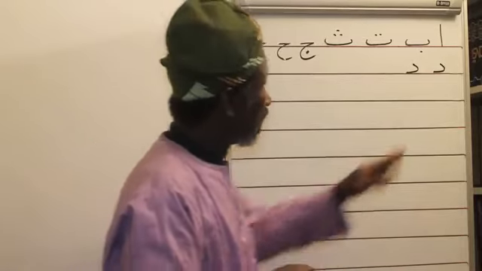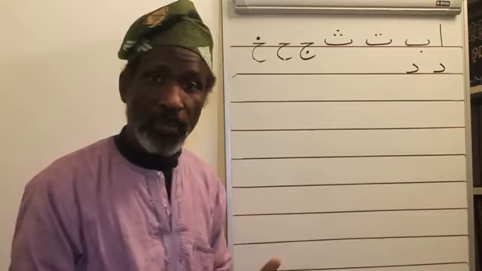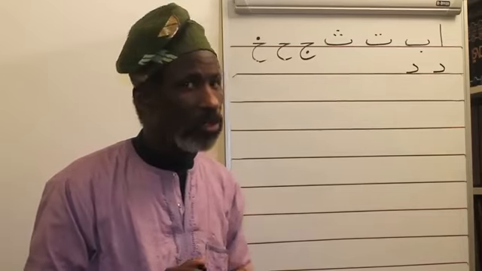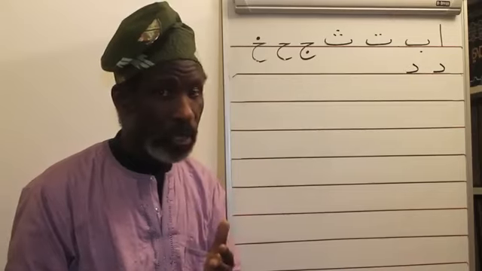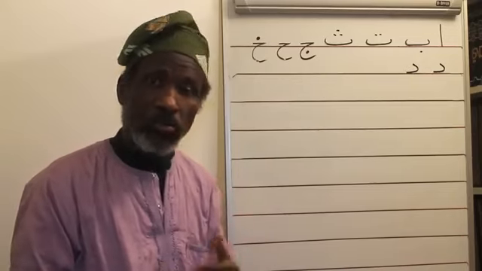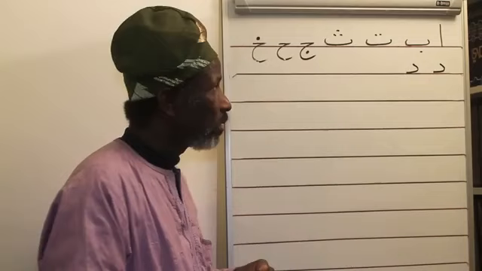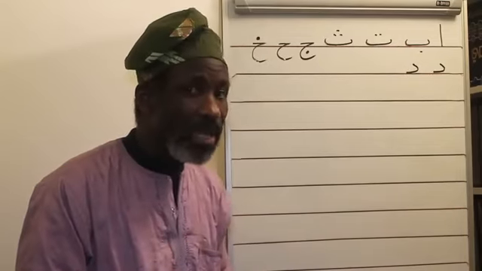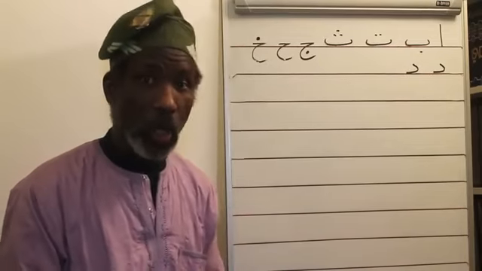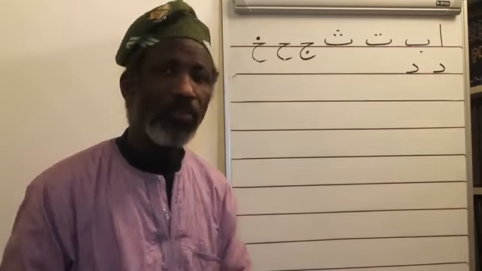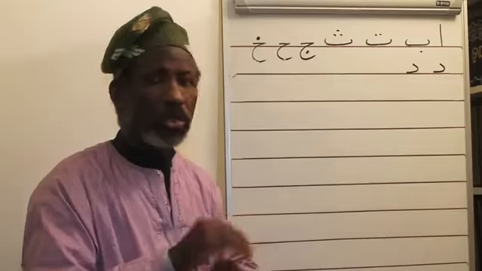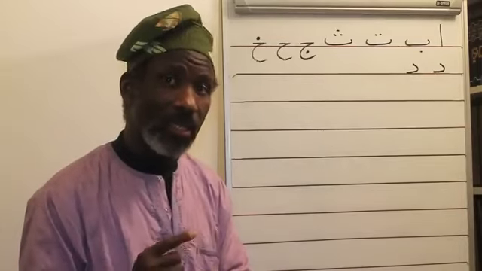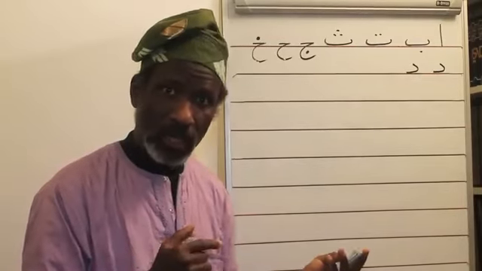Now, in this case, when you have 2 in the family, one of them has to have a dot. Usually the first one will have less dot or no dot at all. If you have 2 in the family, usually the first one has no dot, or has a lesser dot than the second one. Let's have a look.